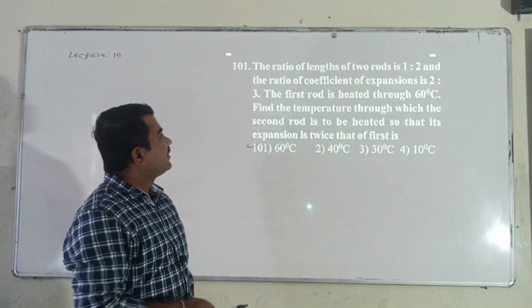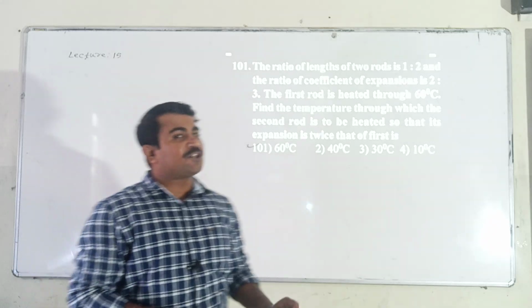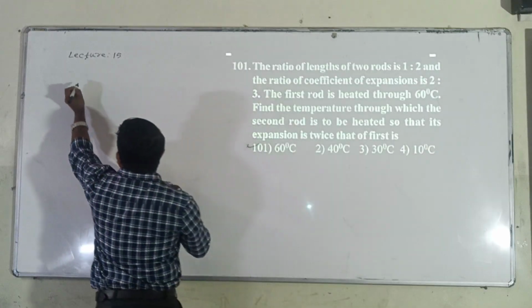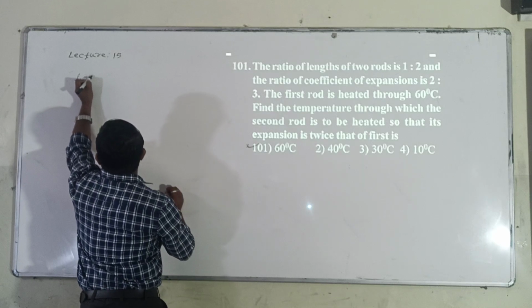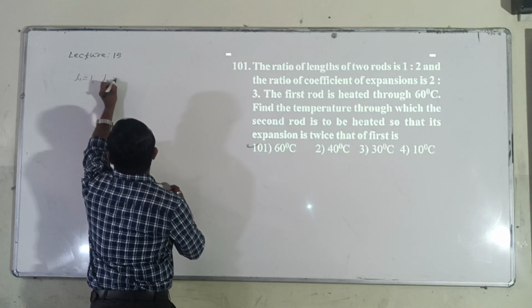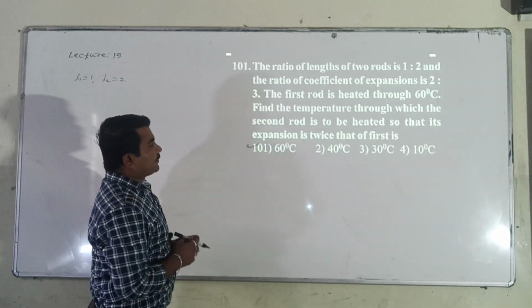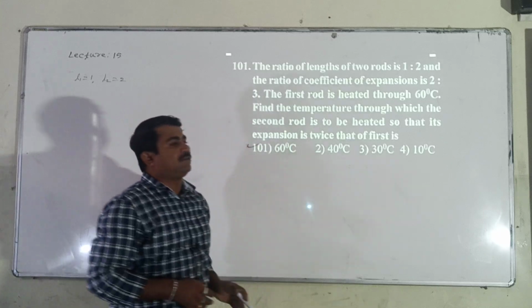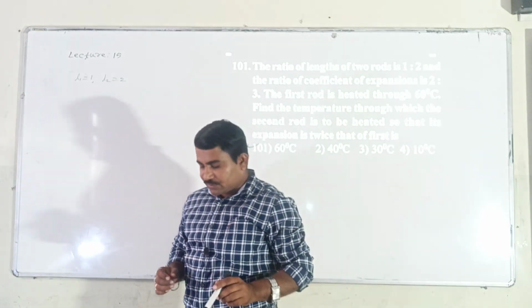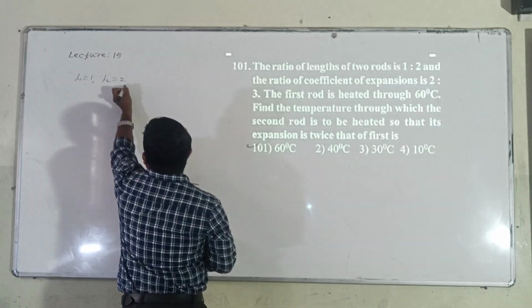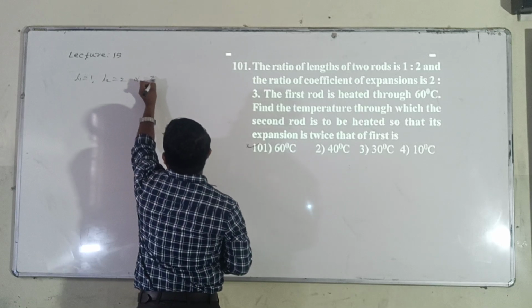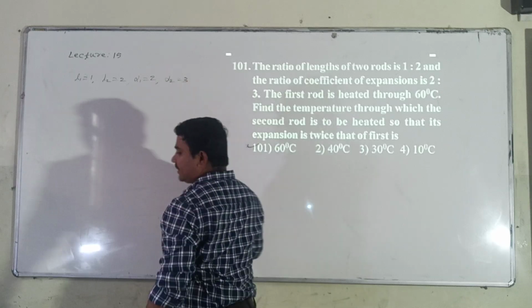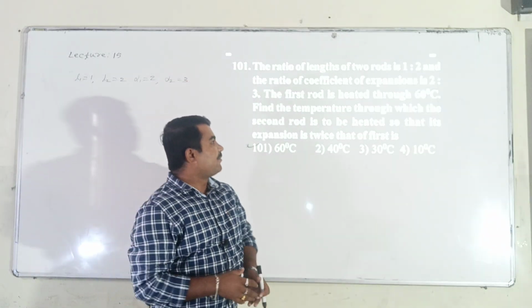The ratio of the lengths of the two rods is 1:2, so L1 is 1 and L2 is 2. The ratio of the coefficients of expansion is 2:3, so alpha 1 is 2 and alpha 2 is 3.